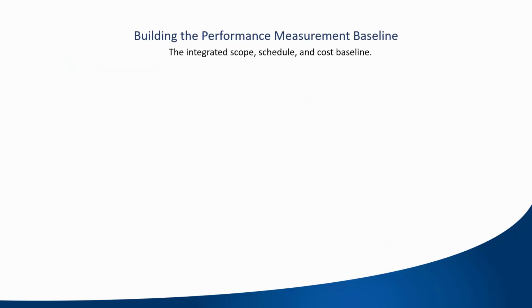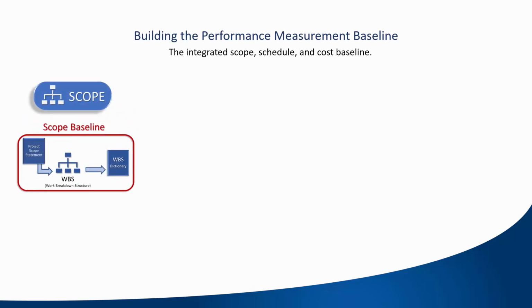The cost baseline is one part of the performance measurement baseline, which integrates cost and schedule and scope. Although all planning is iterative, at the high level, you can think of building the performance measurement baseline in this way. The scope baseline was decomposed into work packages.